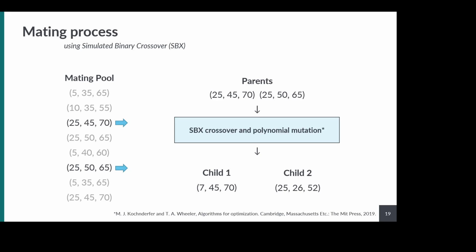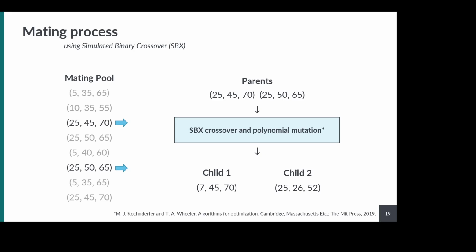The first is the SBX, which is simulated binary crossover, followed by a polynomial mutation. These techniques are shown in the Algorithms for Optimization book, which is listed in the references there. Through this process, every pair of parents can generate 2 children, which will then enter the pool for the next generation.